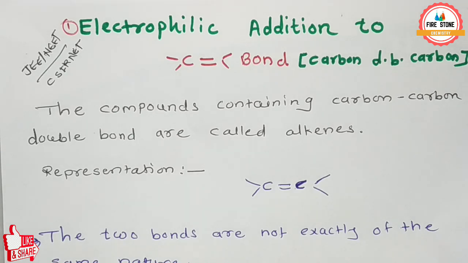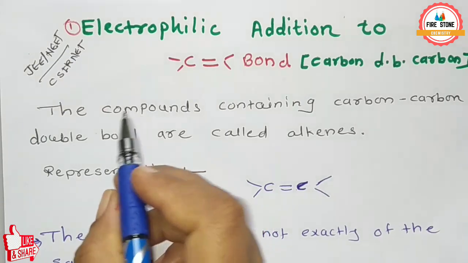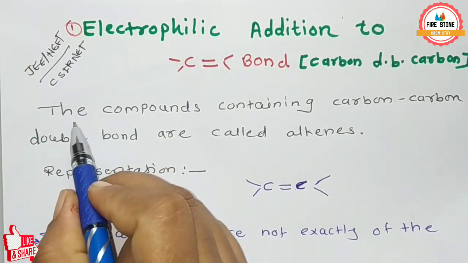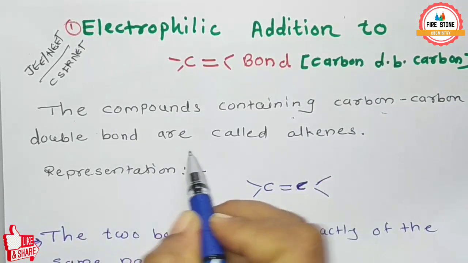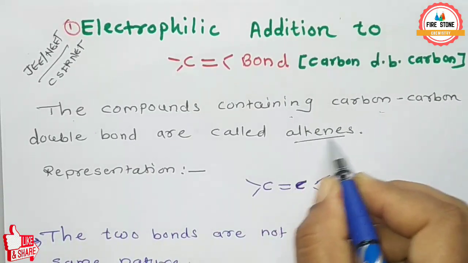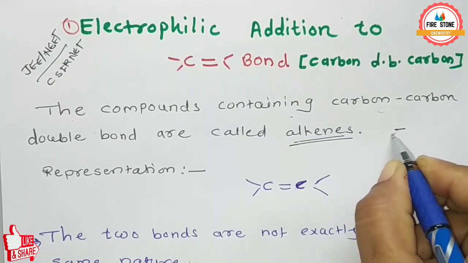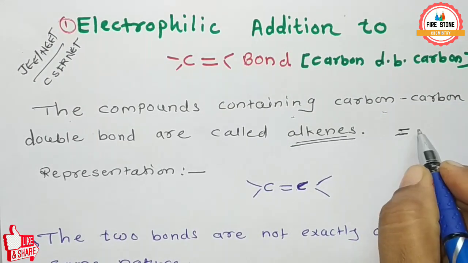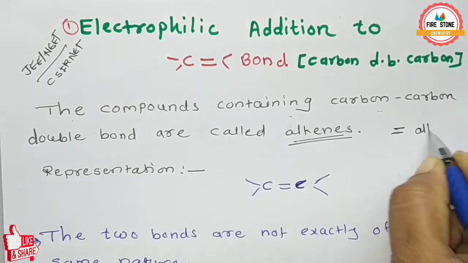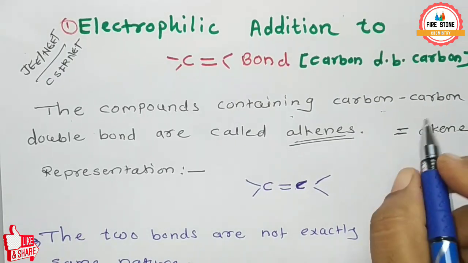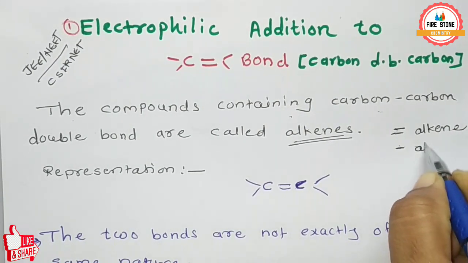So let's see the electrophilic addition. Here the compounds containing a carbon-carbon double bond are called alkenes. We all know that compounds which contain a double bond are called alkenes. The compounds which contain a carbon-carbon single bond are called alkanes.